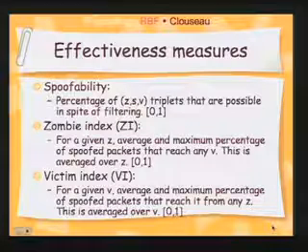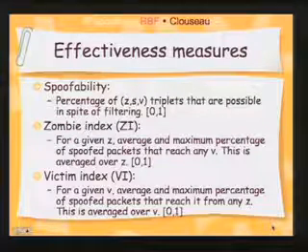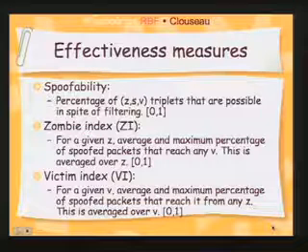Victim index is something similar to zombie index. So for victim index, I take every address to be a possible victim. And then I look at every other address being a zombie, spoofing packets randomly to this one. And I take the average and the maximum number of spoofed packets that would reach this victim from any given zombie.